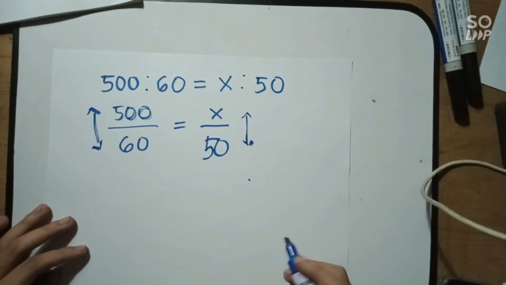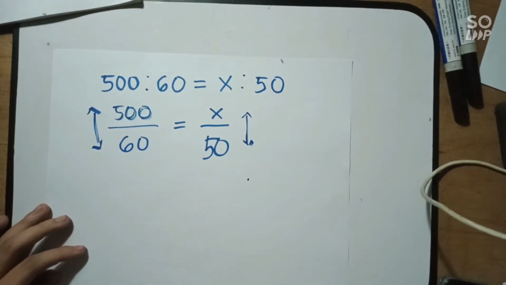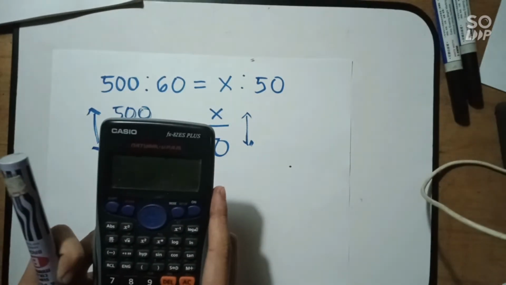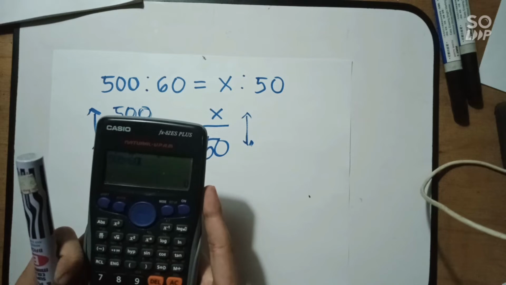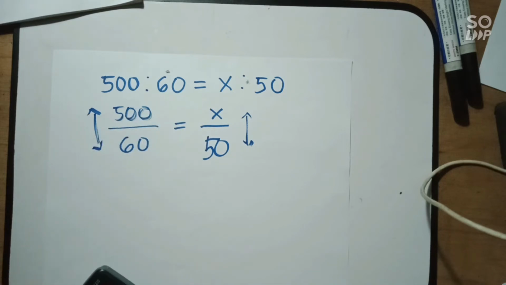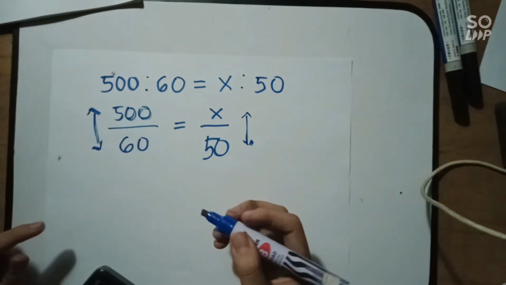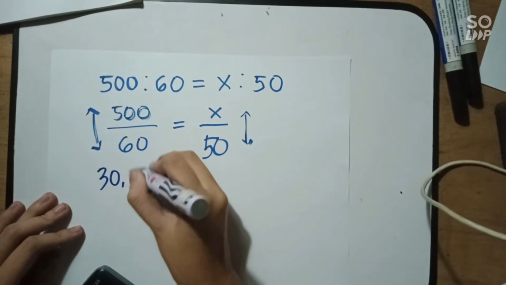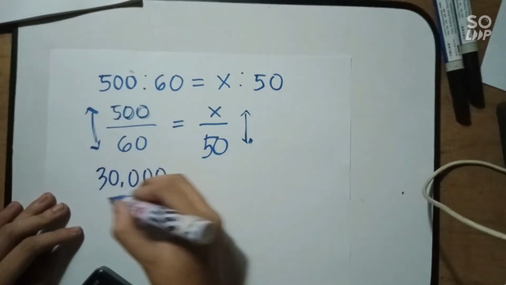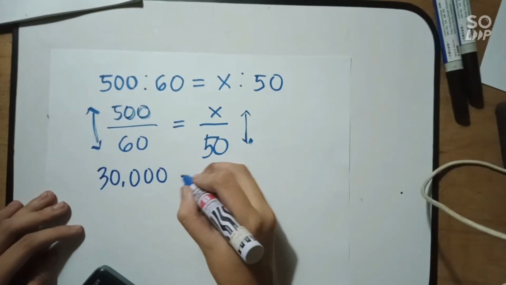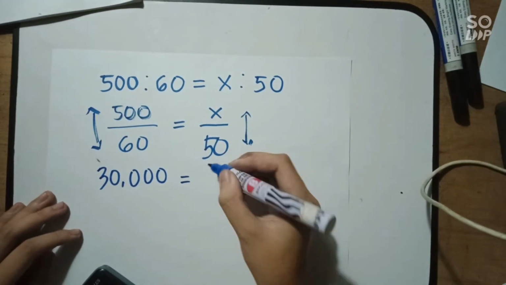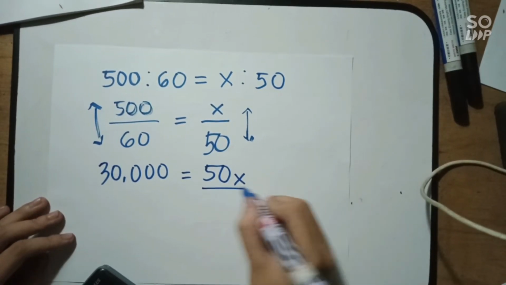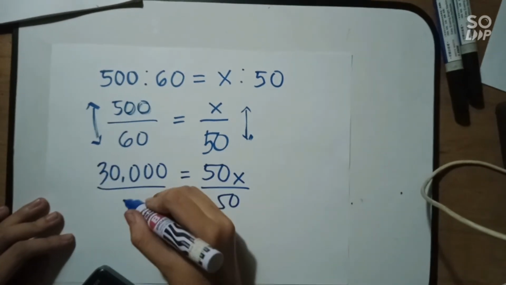on both sides. So 500 times 60. Using the calculator, 500 times 60 is equal to 30,000, which equals x times 50, or 50x. In order to get the value of x, divide both sides by 50.